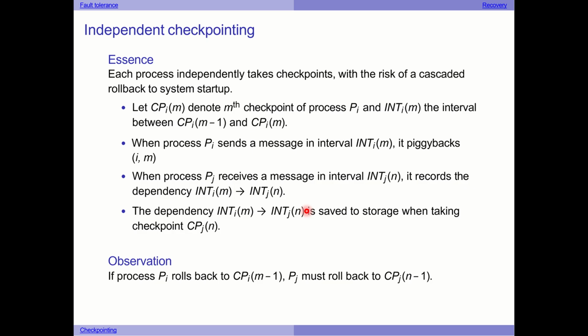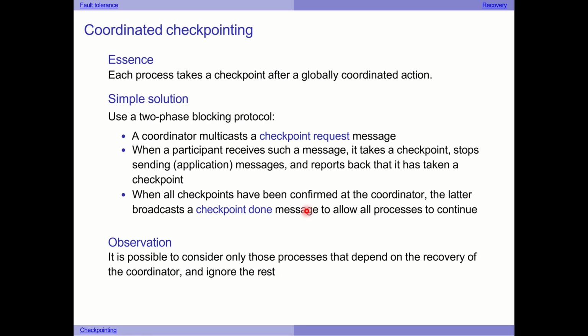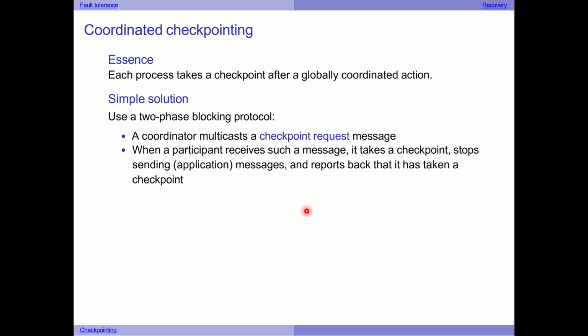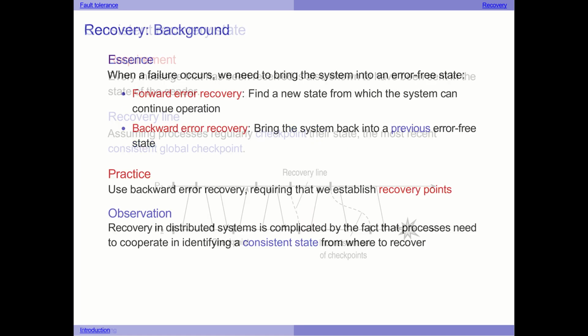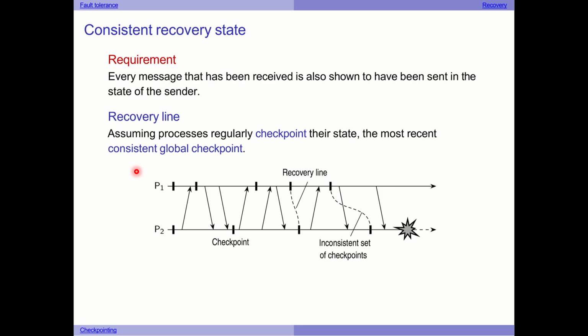So they will send messages to other processes and record who influences whom through the messages. Because if we look at the example of recovery earlier, they need to establish a consistent checkpoint.